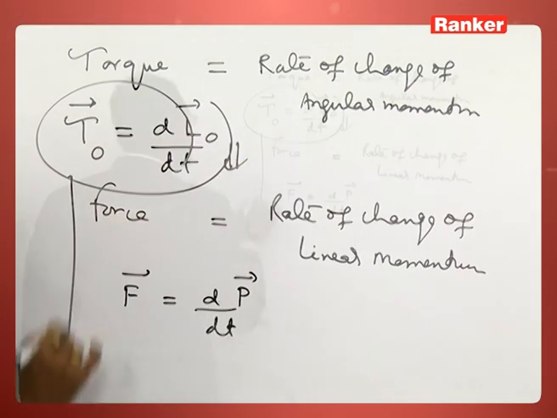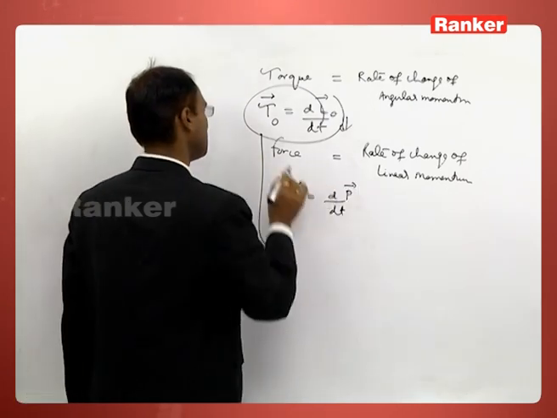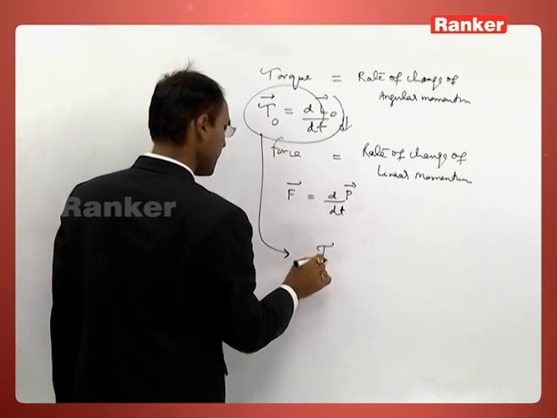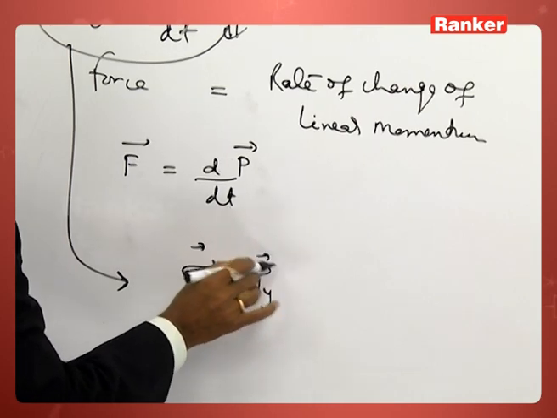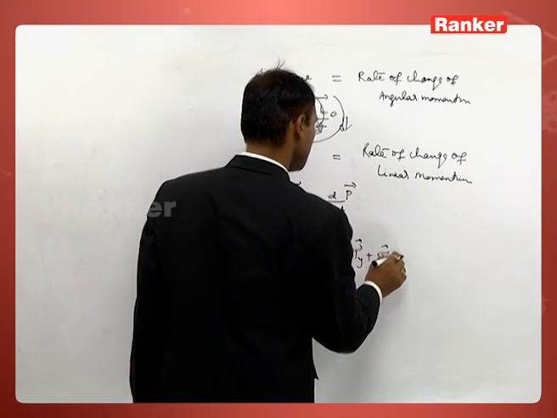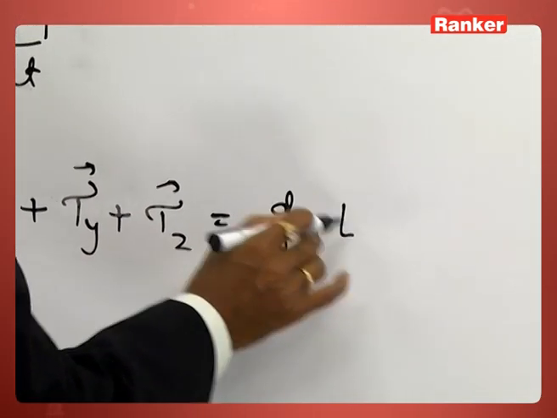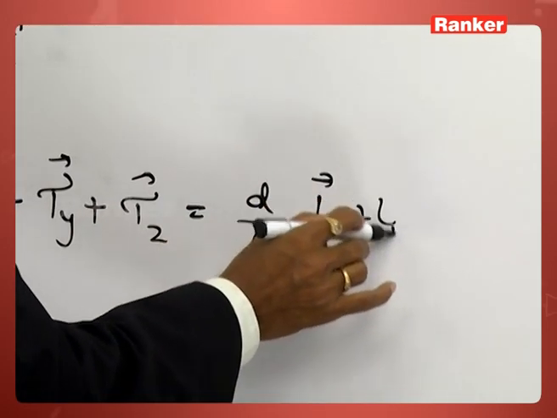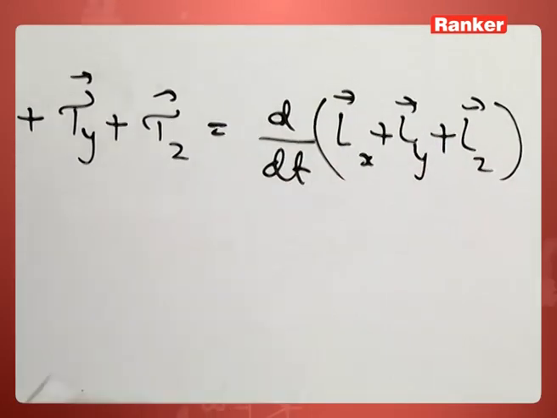This can be written as the sum of the components. This torque about O can be written as torque about x-axis plus torque about y-axis plus torque about z-axis. This can be written as time derivative of angular momentum about x-axis, about y-axis, about z-axis in summation form.